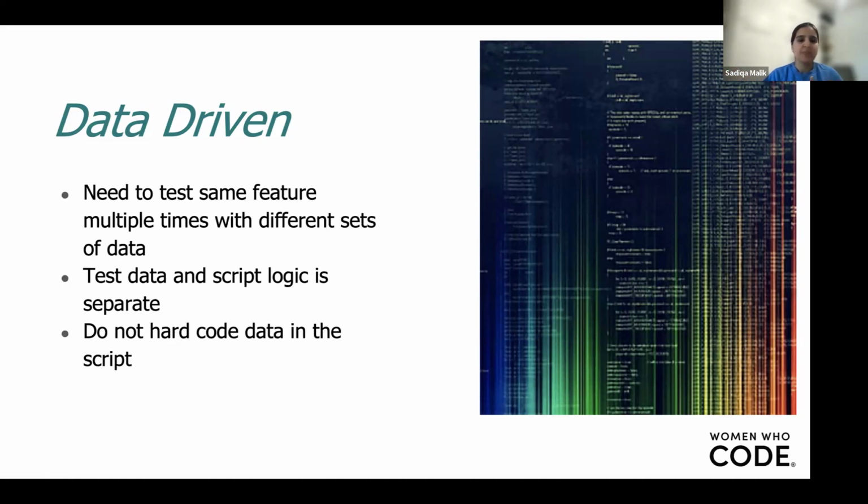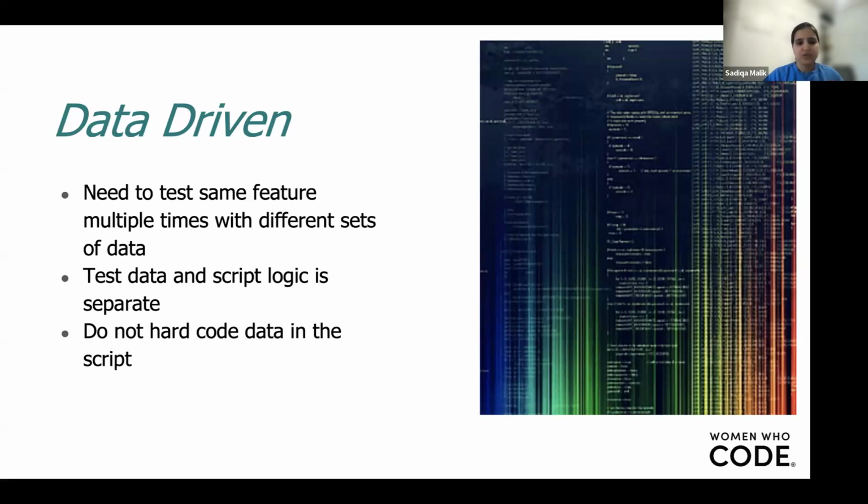But this is a very specific scenario, right? The data-driven framework is going to work for scenarios where you need to test a script for multiple data sets or different data sets. But that's not always the case. That's part of a testing process, but that's not your whole testing process, right?